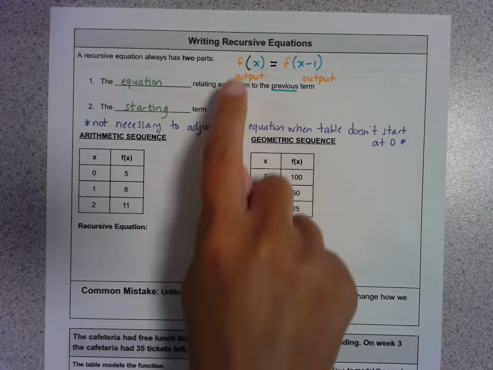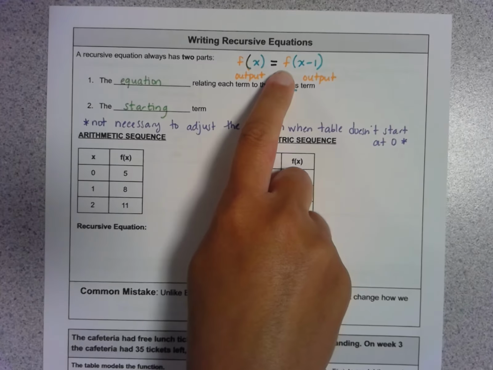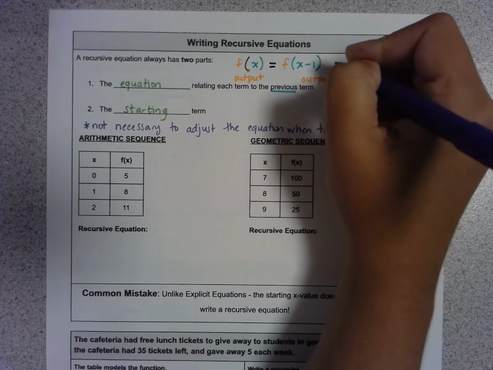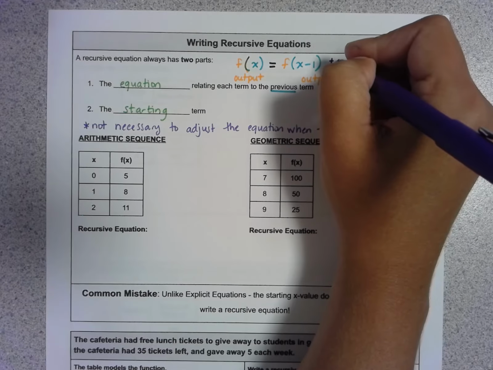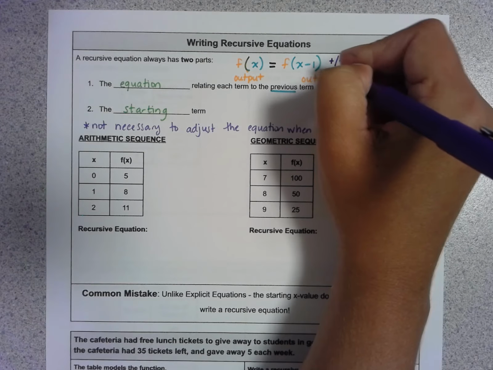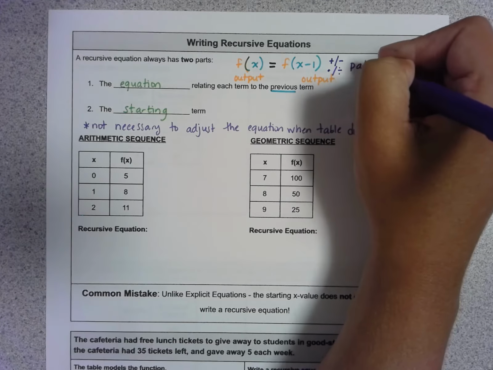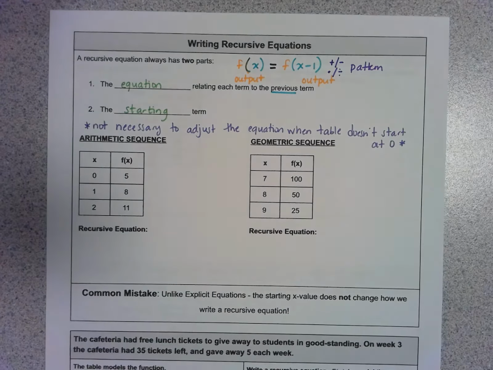There will always be an f here and an f here because now we've got outputs. Unlike our previous examples with explicit equations, where we did not have two outputs in the same equation, now we've got two outputs in the same equation. And then you're going to have plus, minus, multiply, or divide by whatever pattern you find.